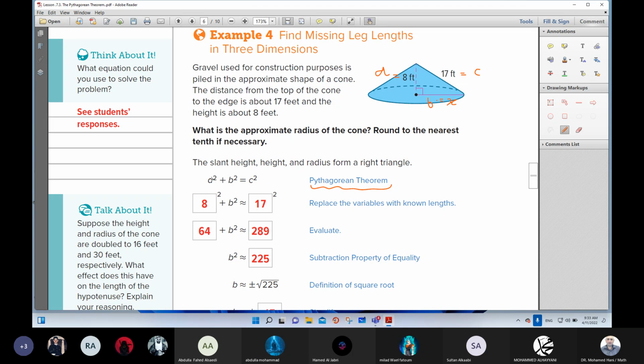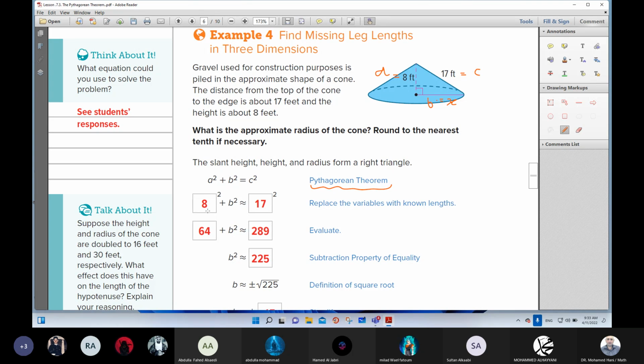So A equals 8, 8 squared, and B is the missing value, so B squared, approximately equals the value of C, 17, 17 squared. Because here it is not a straight line, not exactly a straight line, like here the line is curved. So we use the approximate.